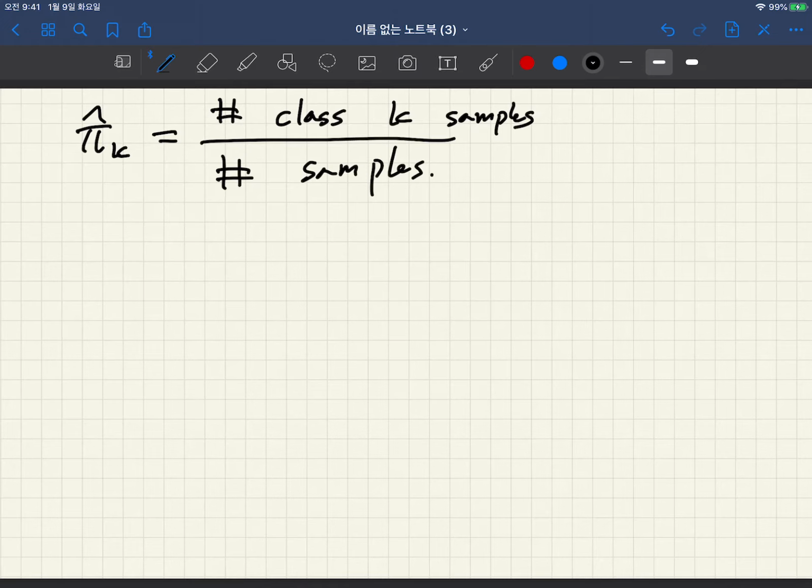This makes sense, right? Among all data points, what portion of your training data points belong to class k? That will tell you the prior knowledge.